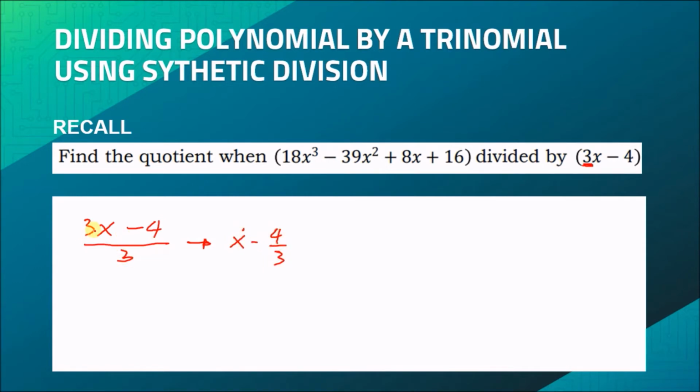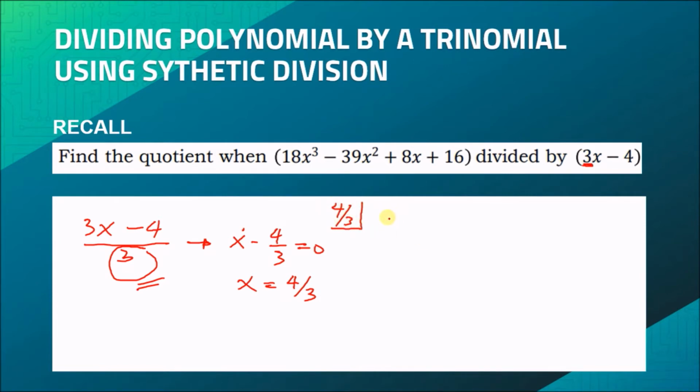Nag-divide tayo ng 3 dahil 3 ang nakita nating coefficient dito hanggang sa maging ordinary x lang nakalagay. Hanggang sa iikot mo yan sa 0 until ang gagamitin pala natin is 4/3. Yung 3 na ito, okay, gagamitin din natin yan mamaya or i-divide din natin yan dun sa temporary quotient natin. So again, we will be writing down the number 4/3 here.